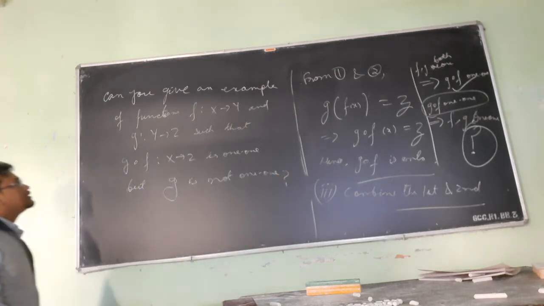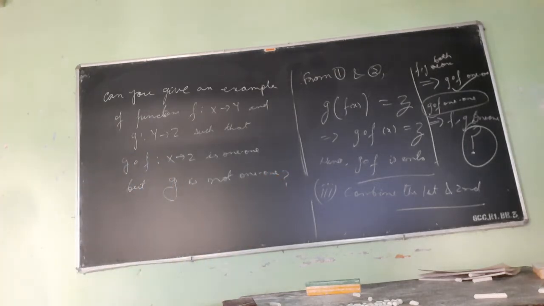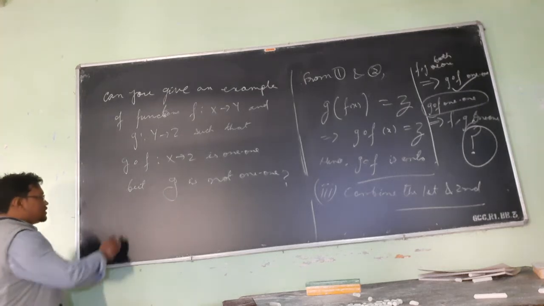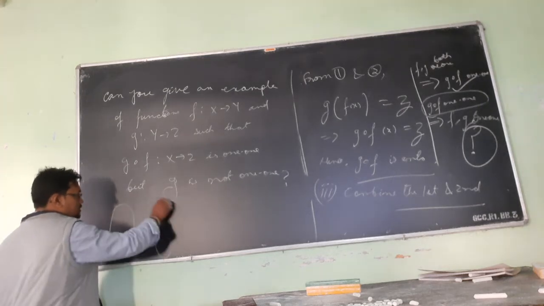So this is the question. Can you give an example of functions f from X to Y, g from Y to Z, such that g∘f is 1-1, but g is not 1-1? Do you have something like this?